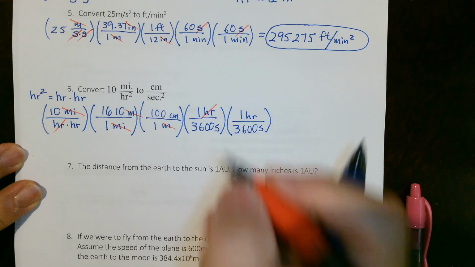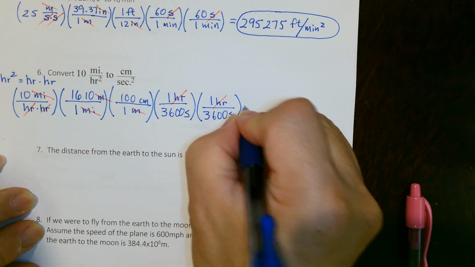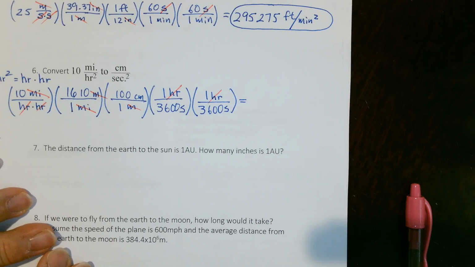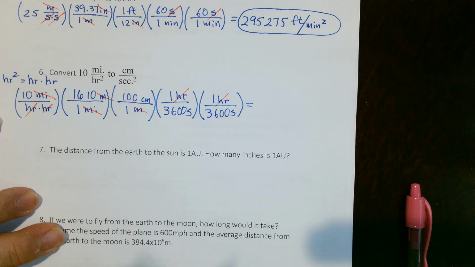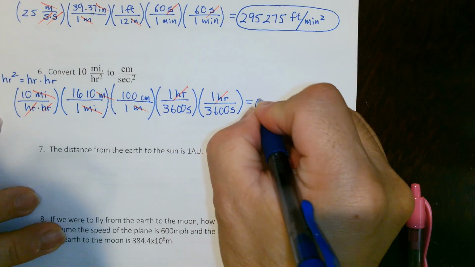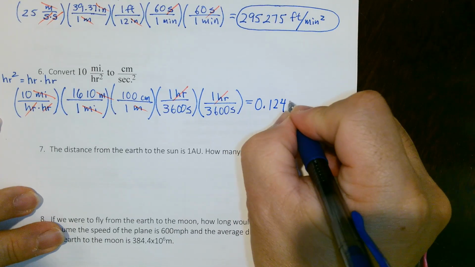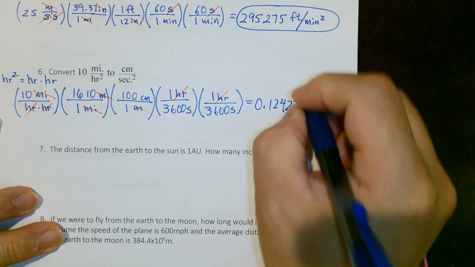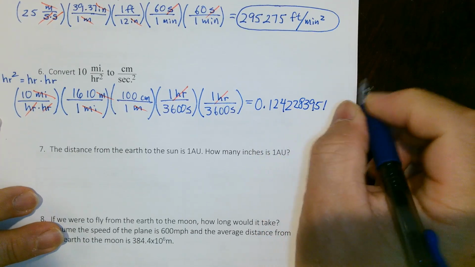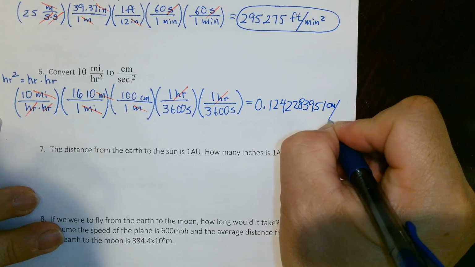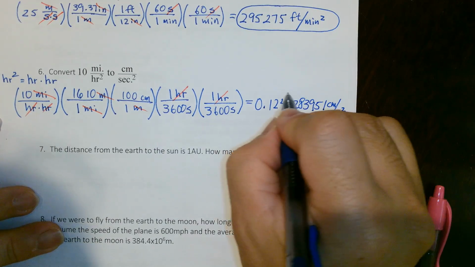Now we get the second hour canceling out and leaving us with the correct units. Therefore, if we work this out in our calculators, we will get 0.124, 2283951 centimeters per second squared.